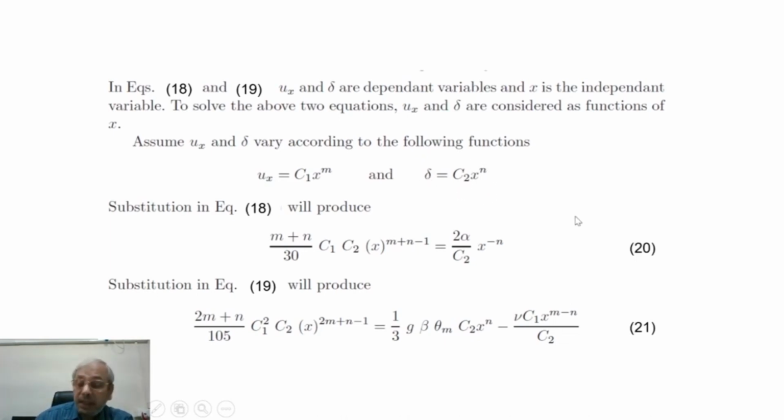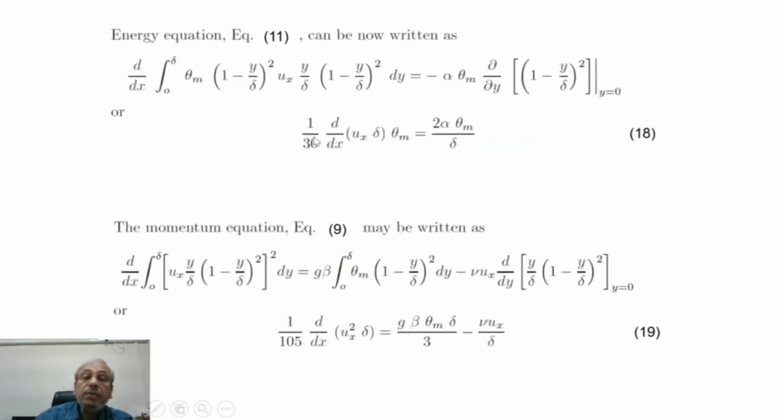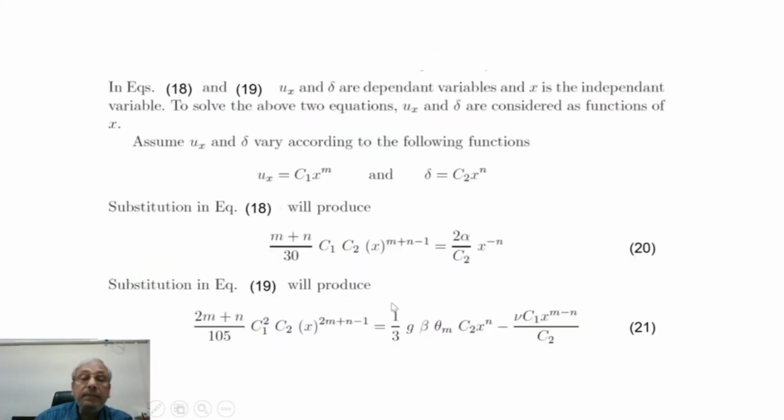And then we substitute that u, which is c1 x to the power m, and delta, which is c2 x to the power n, in equations 18 and 19, and we get (m plus n) by 30 c1 c2 x to the power (m plus n minus 1) equal to twice alpha by c2 x to the power minus n. We are defining this as equation 20.